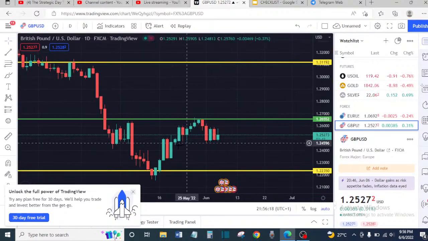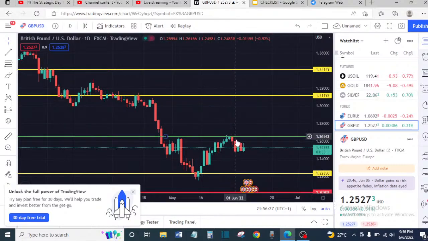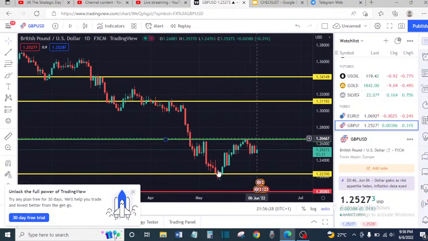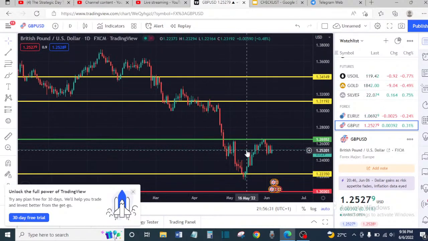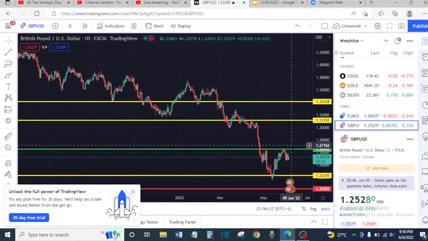These have formed another support area here. Naturally you have seen the move.